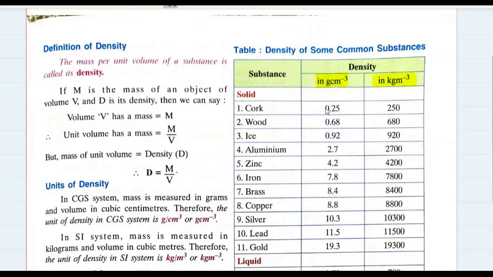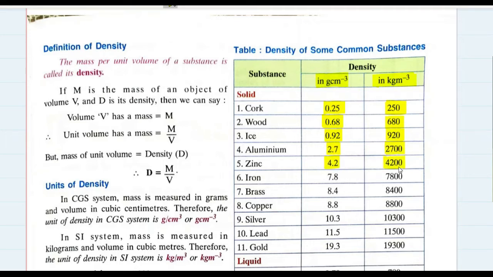Okay. Cork has a density of 0.25 gram per centimeter cube or 250 kg per meter cube. Then the density of wood, the density of ice. If you ask me if you have to remember all this, no need to remember, but at least have an idea.